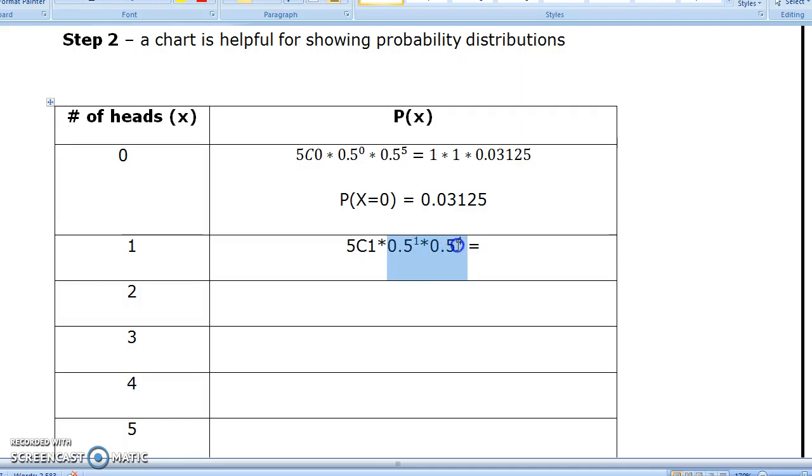You can go ahead on your calculator and try it, but 0.5 to the 1 times 0.5 to the 4 is also going to be 0.03125.